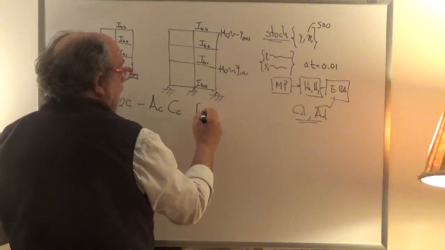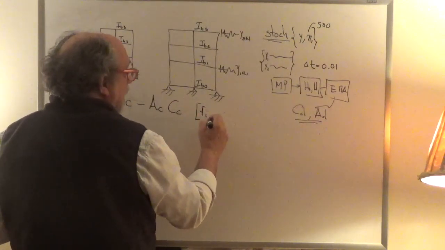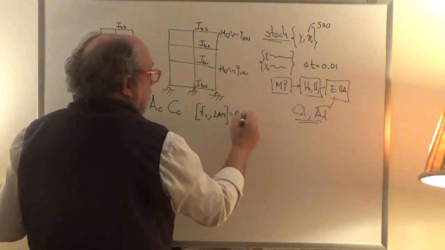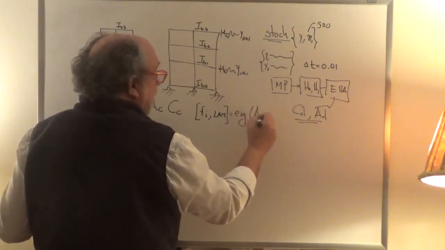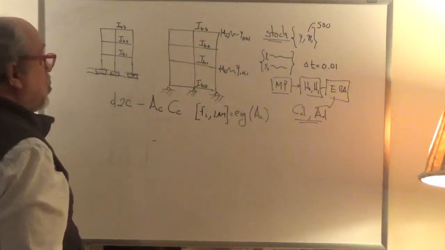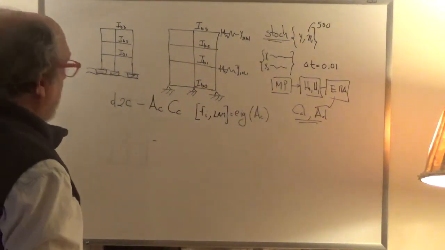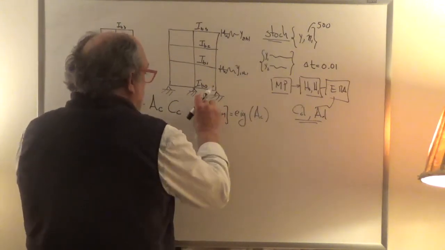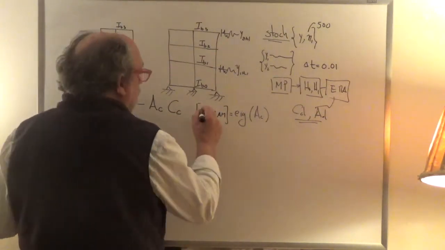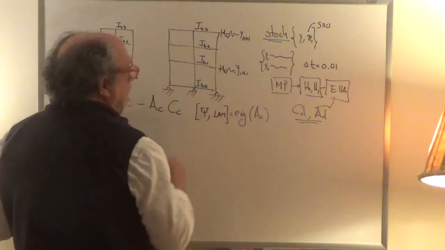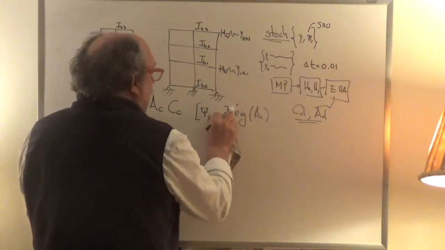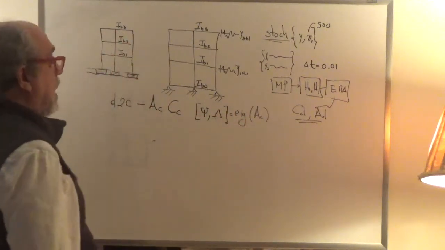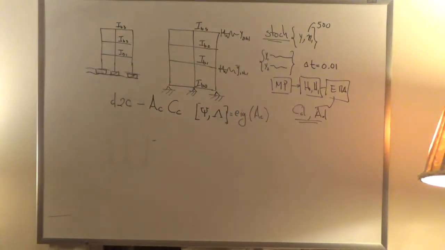So I say phi and lam, and I ask for the eig of AC, right? And so I get my eigenvalues. This would be like this in the notation that I've used before. Phi and lambda would be the eigenvalues of AC, right?